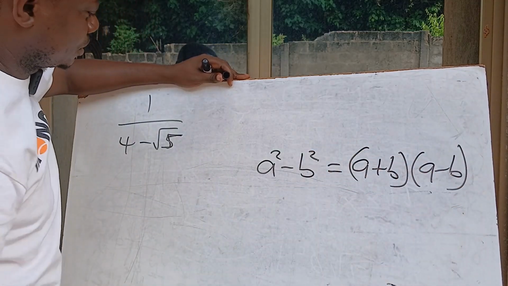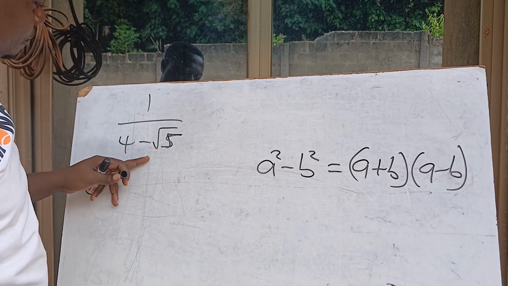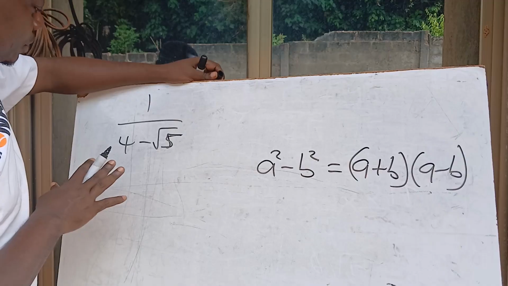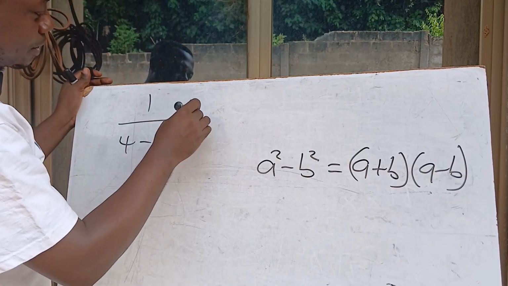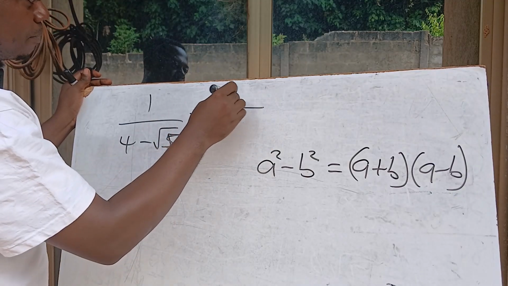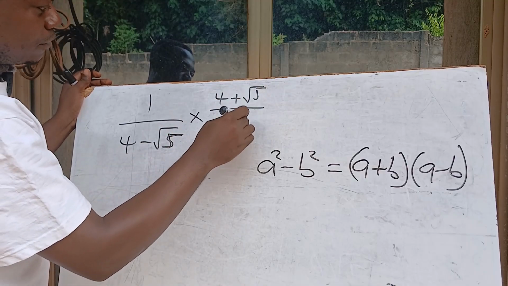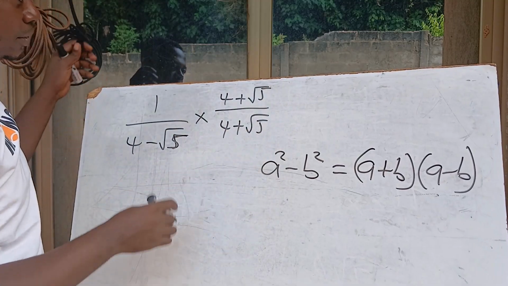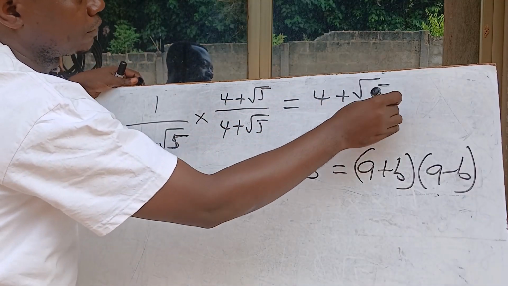This one is very important here. So when we have this over that, this is where we apply the conjugate. I'll multiply this one by the conjugate of this, so 4 plus root 5 over 4 plus root 5. The numerator will be 4 plus root 5.